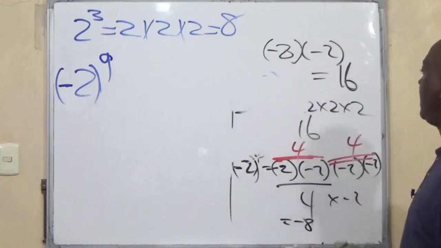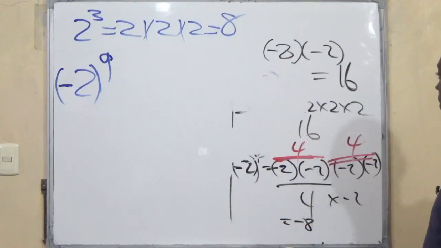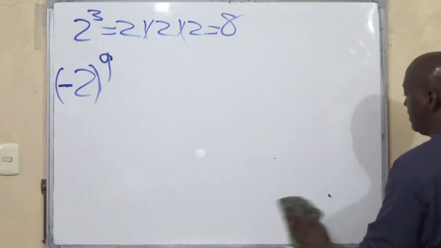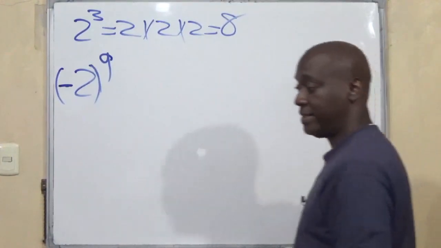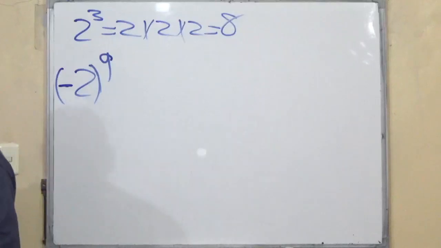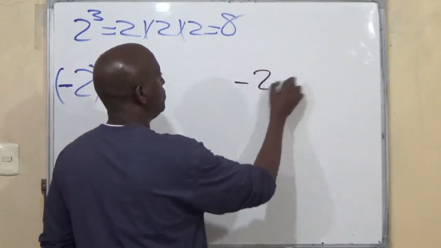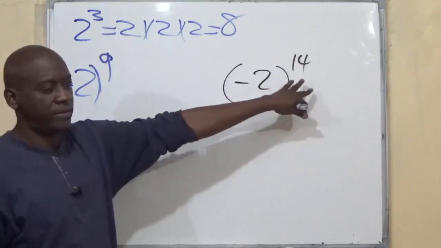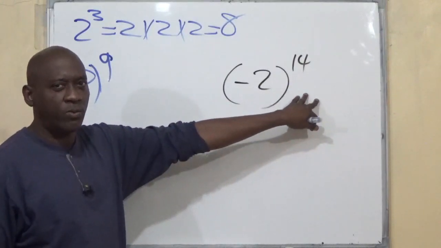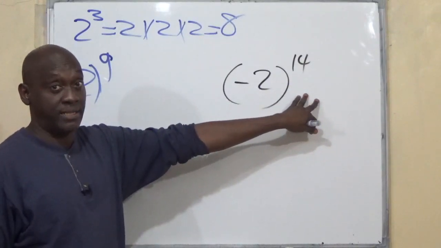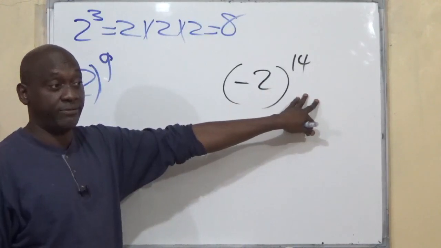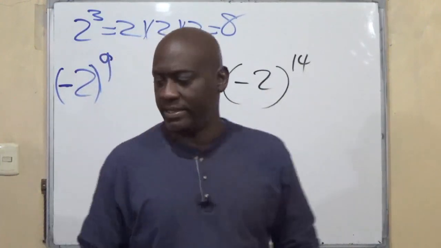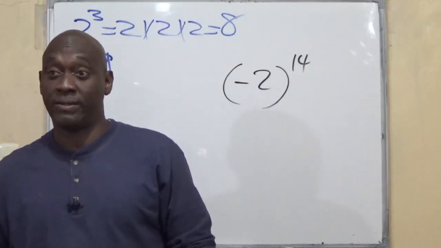Or if I had, for the sake of argument, instead of minus 2 to the power of 4, minus 2 to the power of 14. Can I look at that and know whether or not the answer is positive or negative? Right? And again, it gives me one more opportunity to explain something about mathematical rules.